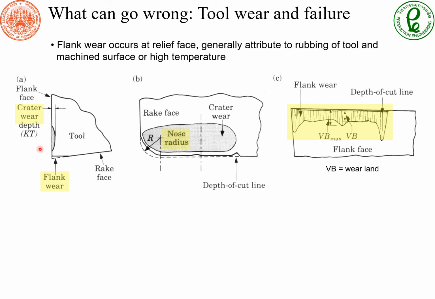That wear process can take place on many sides of the cutting tool. For example, it can occur on the flank face or on the rake face, and you can see this kind of wear under a microscope.